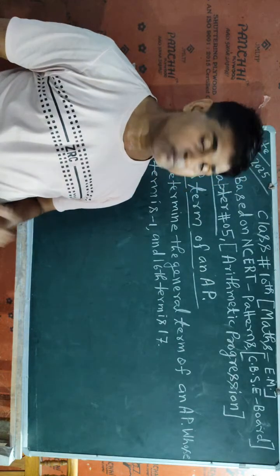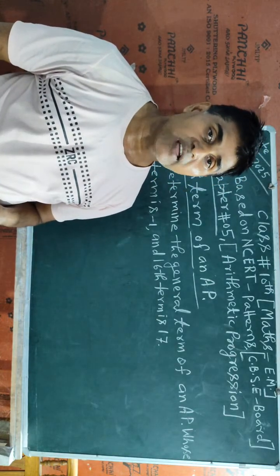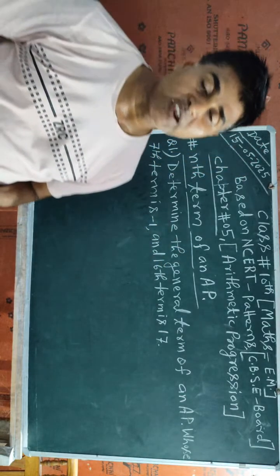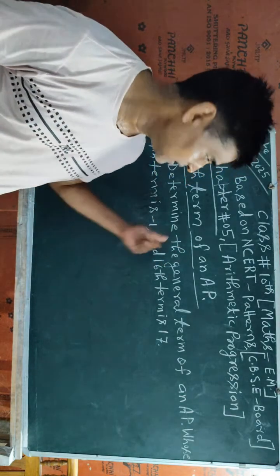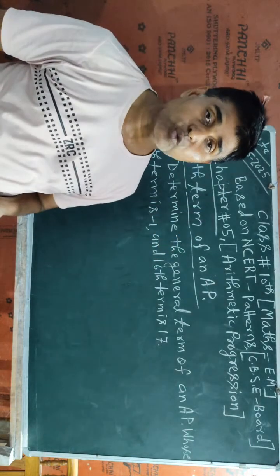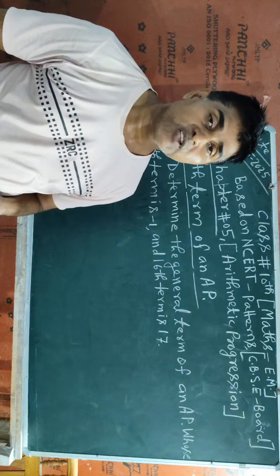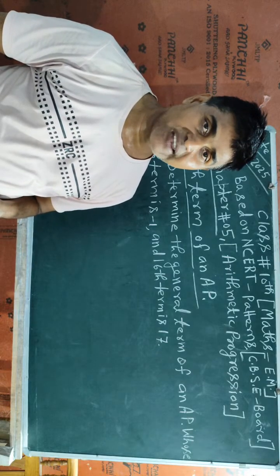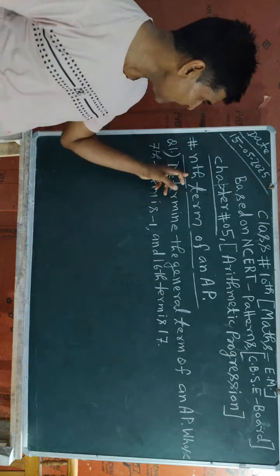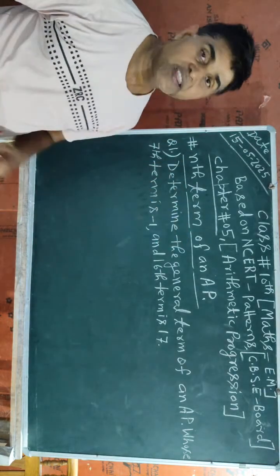The fifth chapter is arithmetic progression, for which I have explained some theory. Now I am going to solve some questions based on the nth term of an AP series.